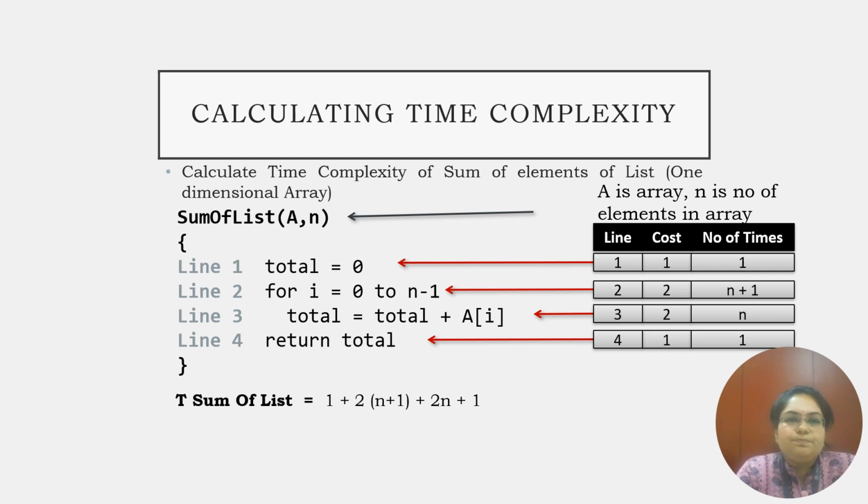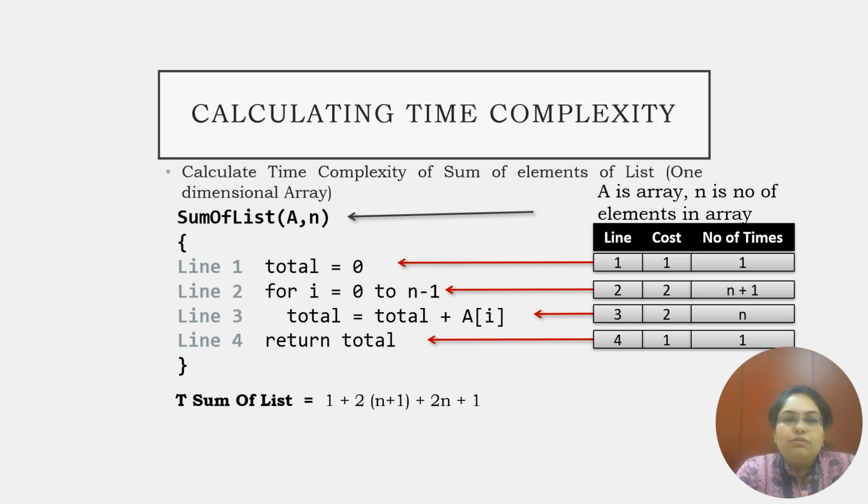Line number 1 says total is equal to 0, whose cost is 1 and which will be executed only once. In line number 2, we have defined for i is equal to 0 to n minus 1, whose cost is 2 and which can be executed n plus 1 times. Because we are starting with 0, it will take the execution time n plus 1.